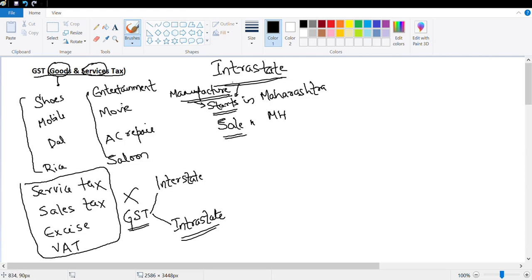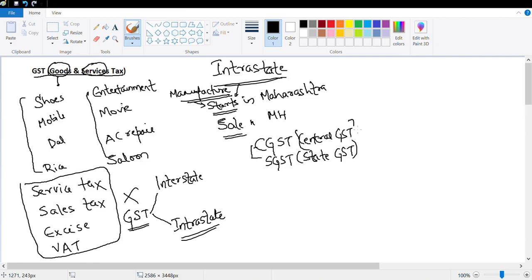This is an intrastate. Now, in this case, there are two components to this. One is the CGST, which is Central Goods and Services Tax, and the second component is SGST, which is State GST. Now, what does it mean?